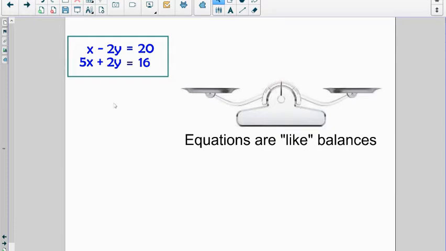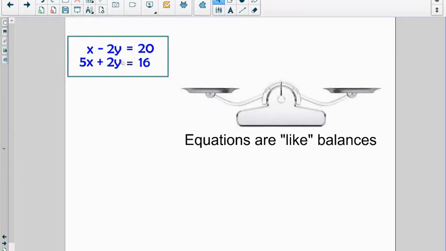So here's our system of equations, and we want to think of this just like we do single equations. Equations are like balances. The left side has to balance out with the right side. It has to have equal amounts. That's why it has an equal sign in the middle. So when we have a system of equations, we actually have two equations that have a left side and two equations that have a right side.